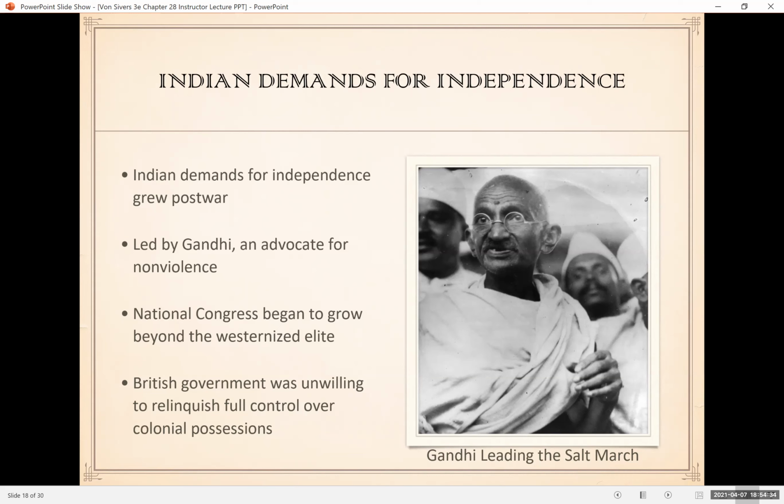The movement towards independence is going to have a leader, Gandhi, who will be an advocate for nonviolence. He will be an interesting individual who will be an Indian who was educated in England as a lawyer.